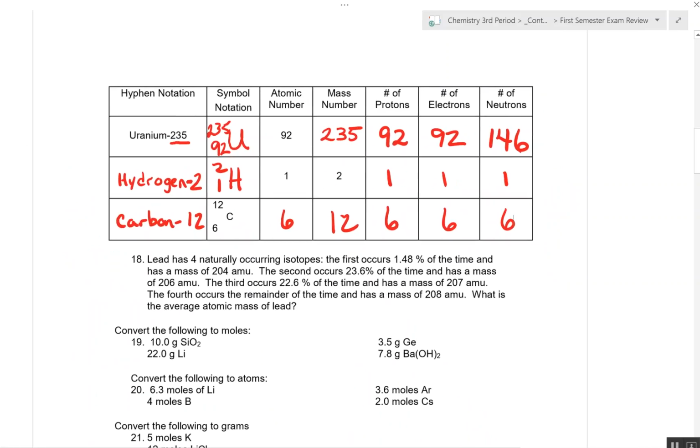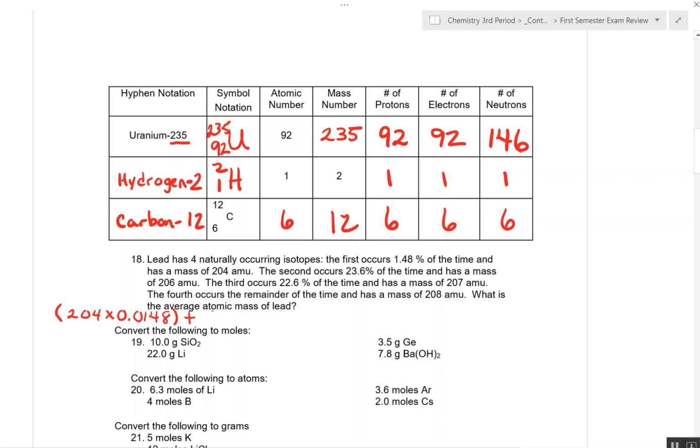So, to do atomic mass, you're going to take the percentage times the atomic mass of each isotope. So, the first is going to be 204 times what? 0.0148, because you have to convert the percentages to decimals.